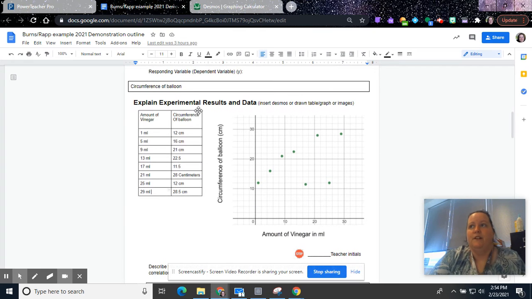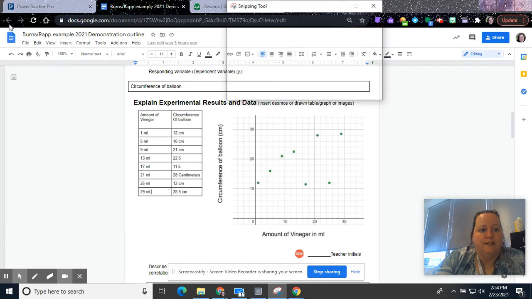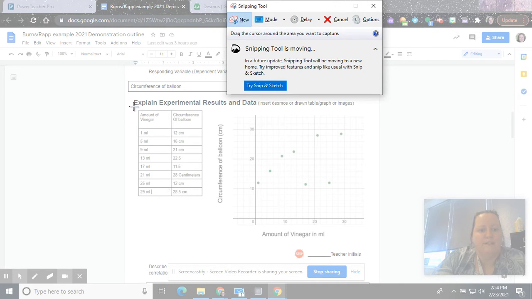Then you're going to explain your experimental results and data. You can do that by inserting with Desmos or drawing the table, graph, or images, whatever is going to work for you. In fact, I took one of the pieces of information from what you guys have been doing in class, and I just used my snippet tool, which I know is different for you on the Chromebook.